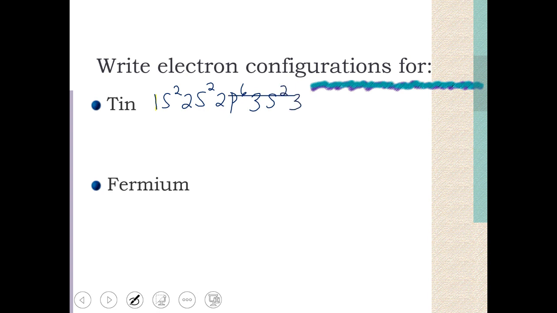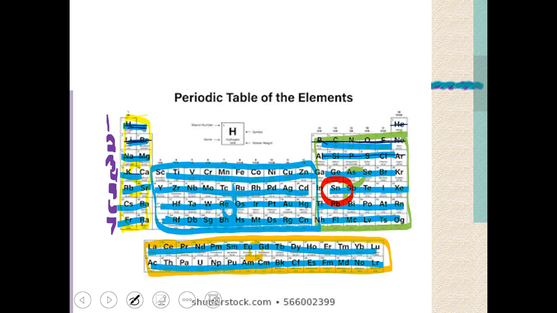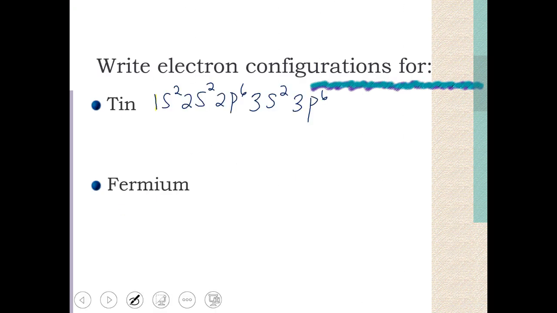3s2, 3p6. After the 3p6, what's next? 4s2, 3d10, 4p6.